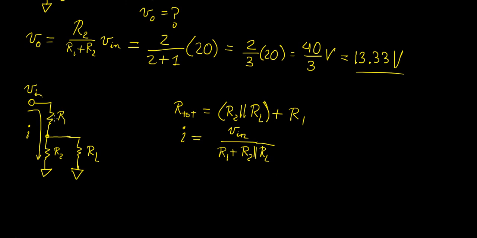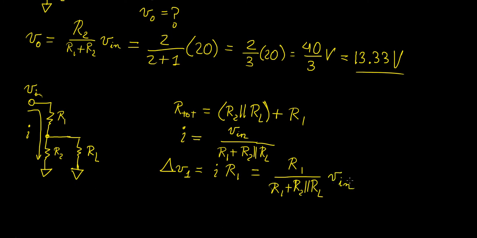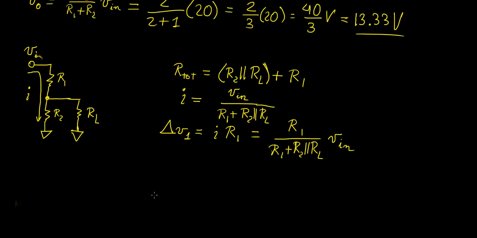Now we're going to calculate the voltage drop across each of these resistors. The voltage drop across the first one is going to be I times R1, which means we're going to have R1 divided by R1 plus R2 parallel with RL, times V in. Now the voltage drop across the second set of resistors is going to be the same across both because they're in parallel.